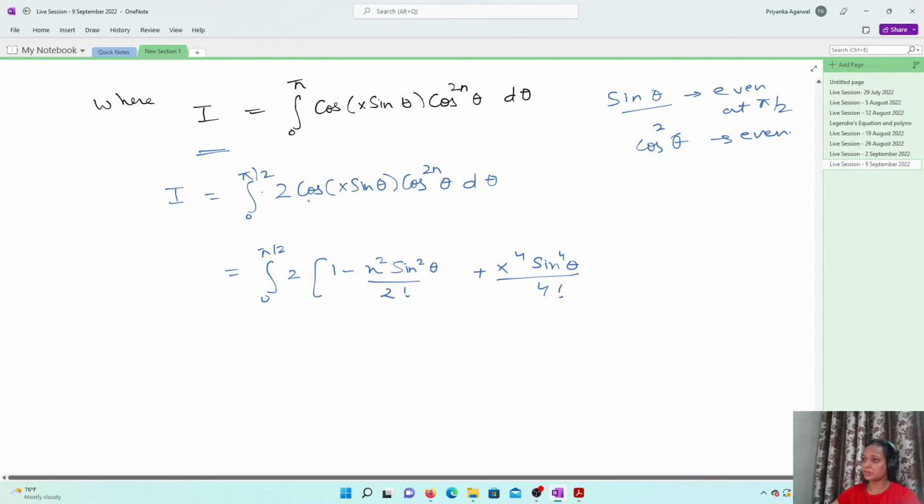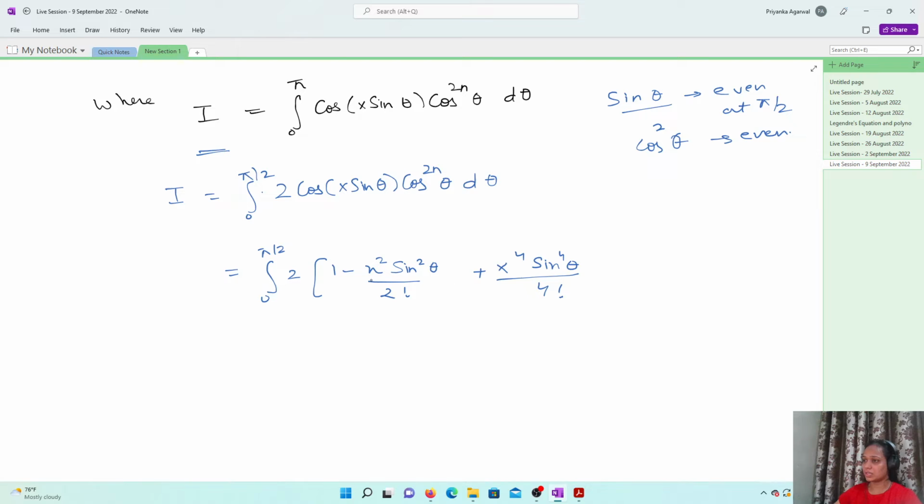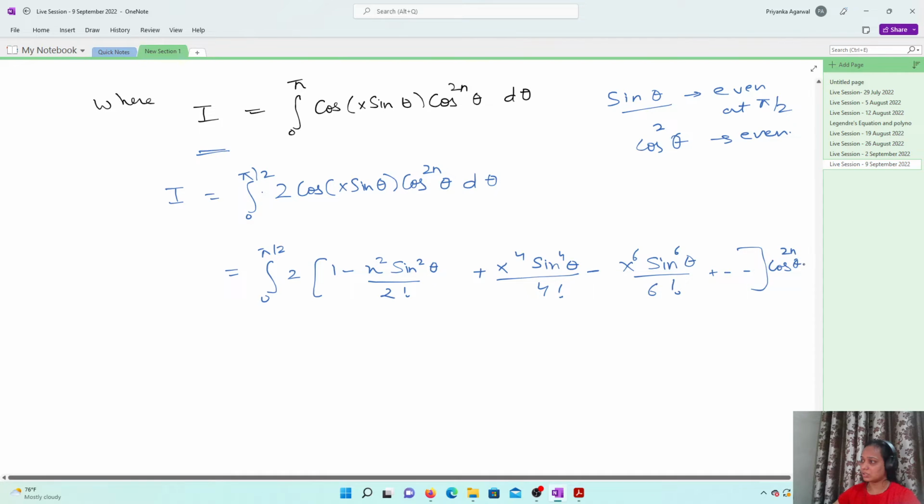So in the expansion of cos, we see alternate minus and plus signs. Similarly, minus x to the power 6 sin to the power 6 theta over 6 factorial and so on. And this is multiplied by cos to the power 2n theta d theta.